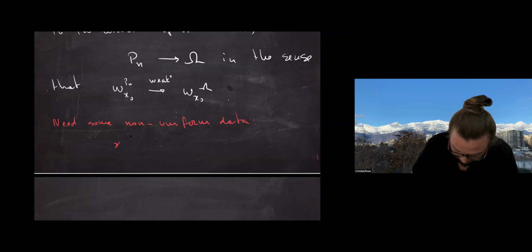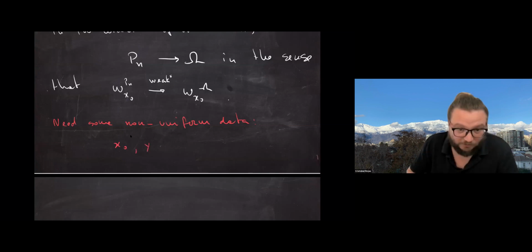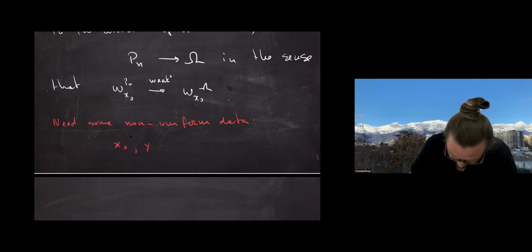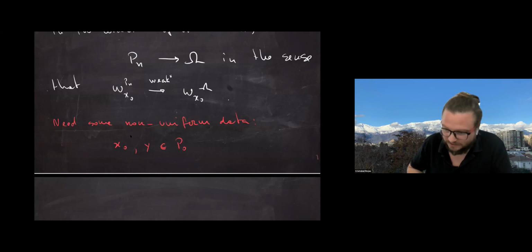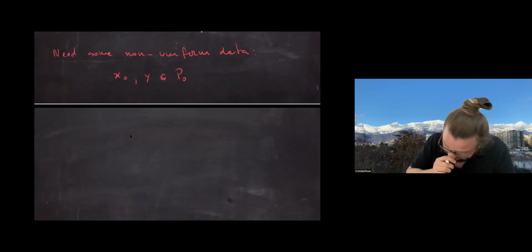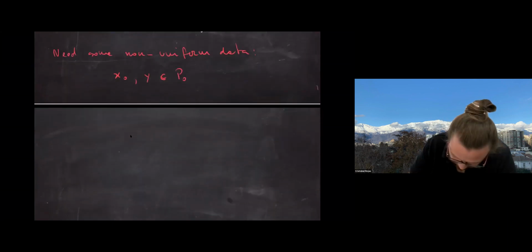We have x0, we are given y, but we need to find a first polygon to start with, which has to contain x0 and y.